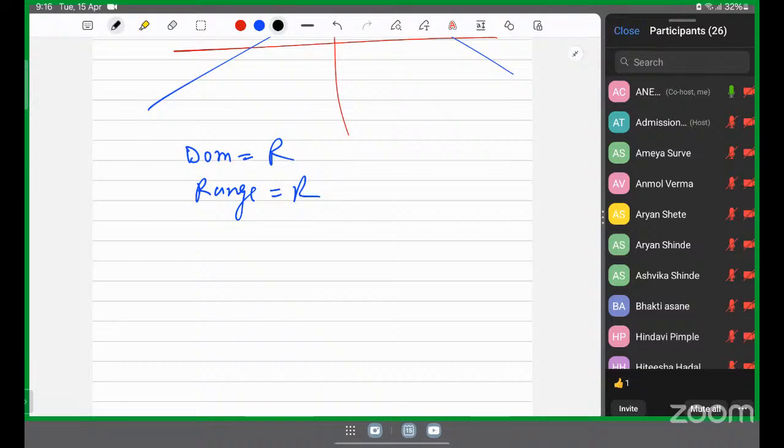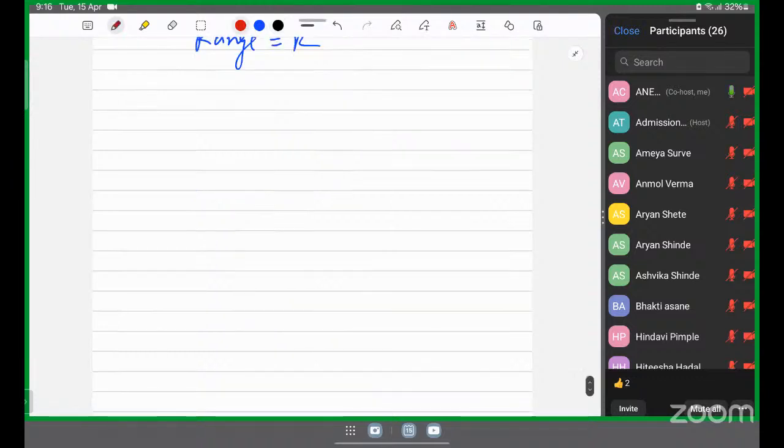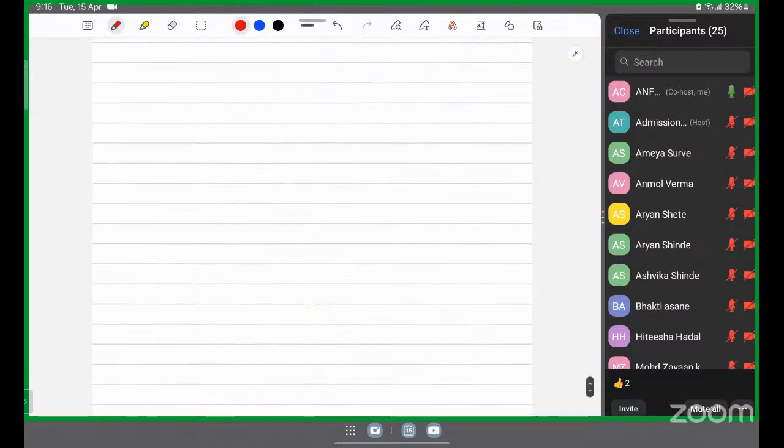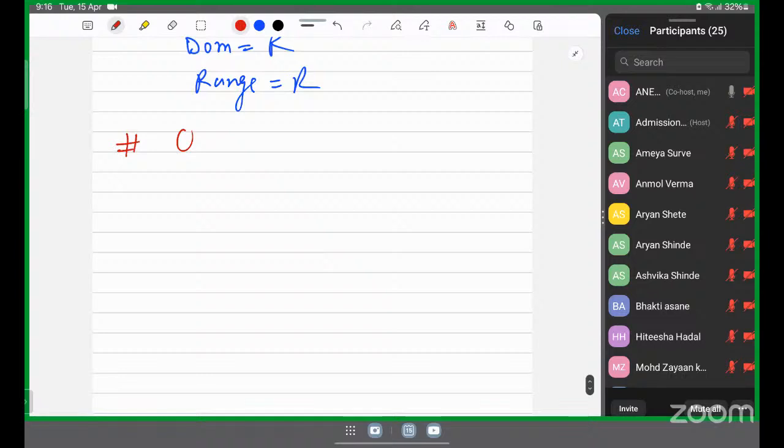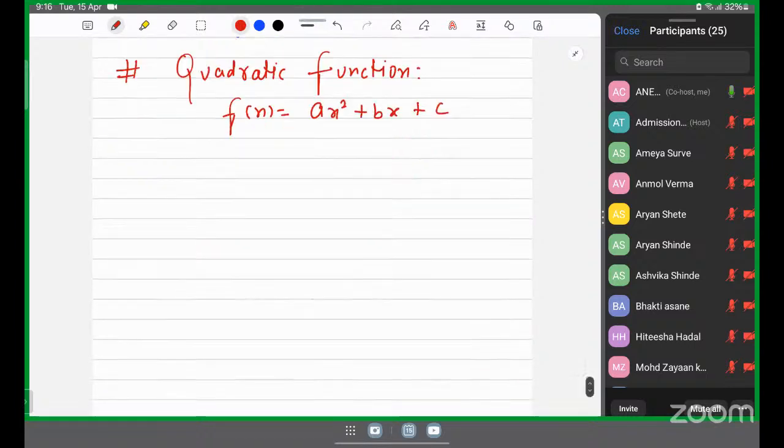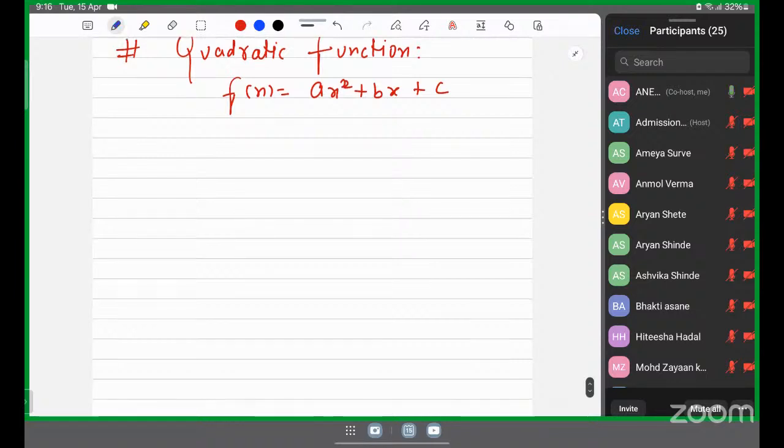Okay. Now, from linear, we can go to quadratic. So let's say we have a quadratic function. A quadratic function is a special type of function, f of x equals ax square plus bx plus c, and we have to find out the domain.